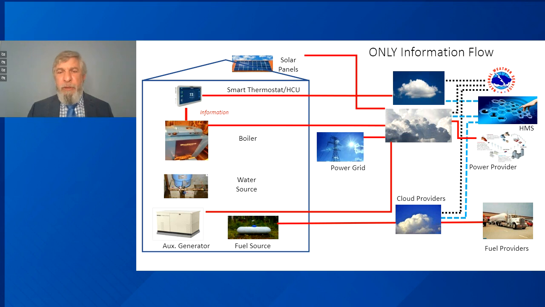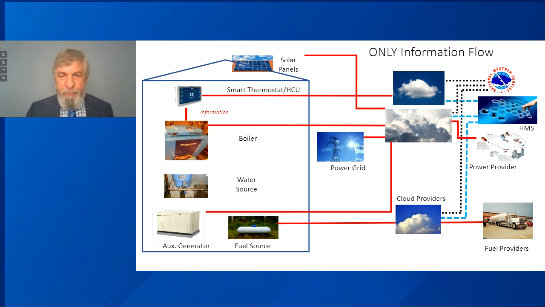Let's look at the basic information flow that we've broken down in the group. In this image, what we've added are 3 cloud providers in the middle. And over on the top right-hand side, we have information from the National Weather Service and the home monitoring system, right? That's monitoring what's going on in the house.